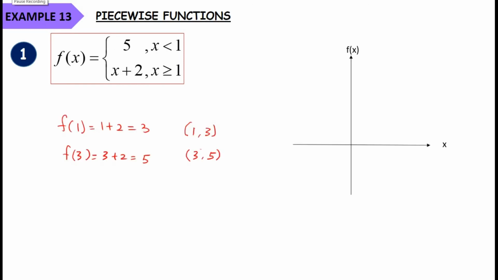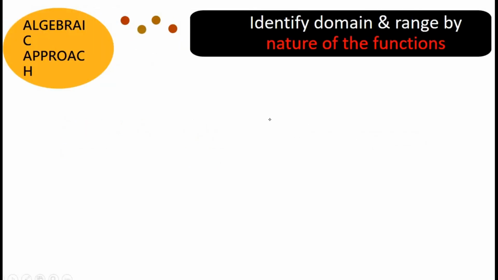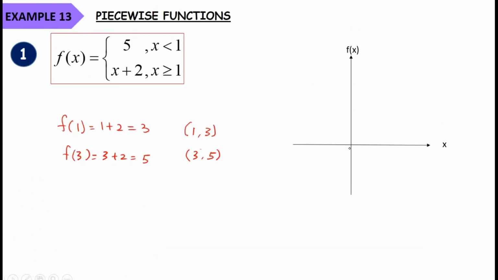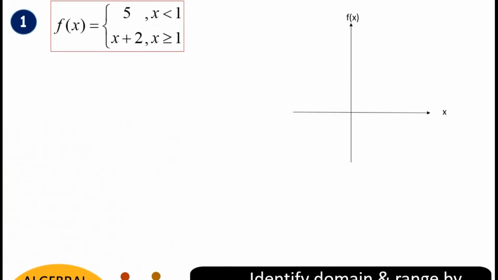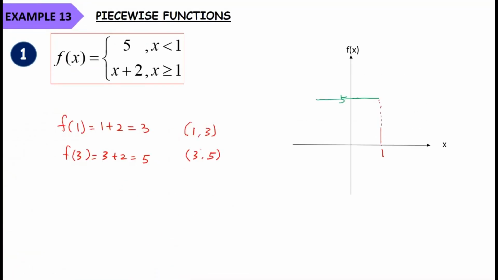For x less than 1, you sketch f of x equal to 5. Let's say this is 1. For x less than 1, this is the graph, f of x equal to 5.